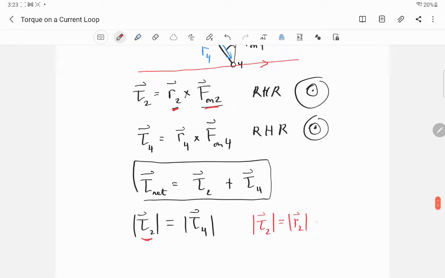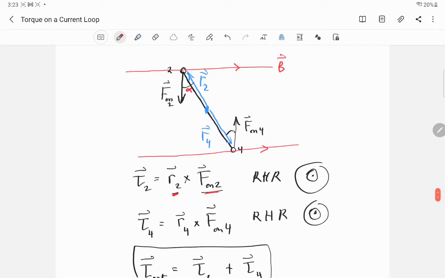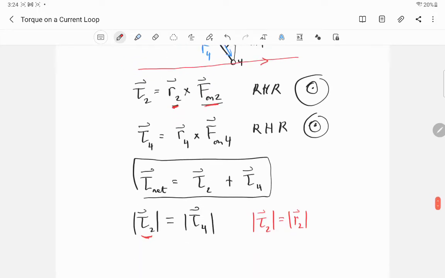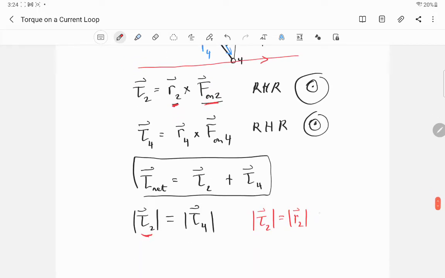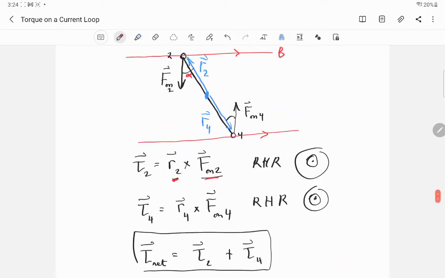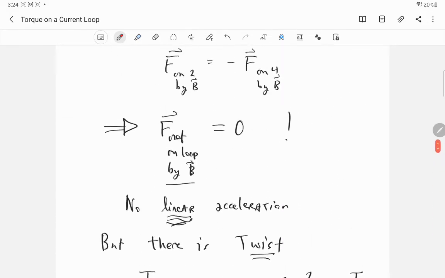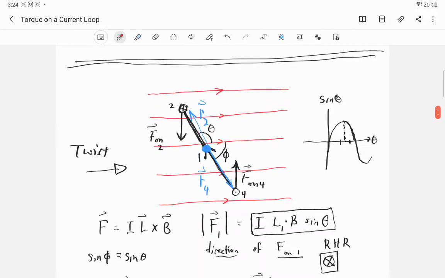I need the magnitude of the force on segment 2, which is I L2 B times the sine of the angle, because the wire segment number 2, can you see it's in and out of the page? So that's like you could say that's the Z direction, and the magnetic field points towards the right.